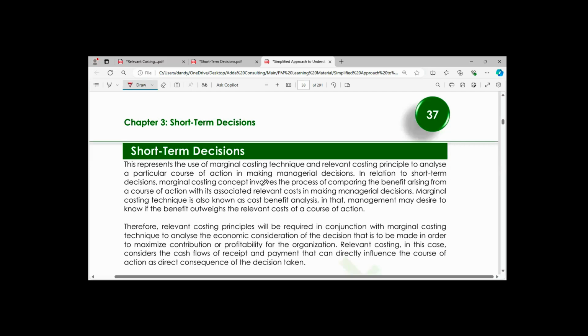So under short-term decision, you need the technique of marginal costing and the principle of relevant costing to analyze a course of action in making managerial decision, whether it will enable the company to maximize contribution or increase profitability. So these are the things we are going to be discussing. These are just introduction.